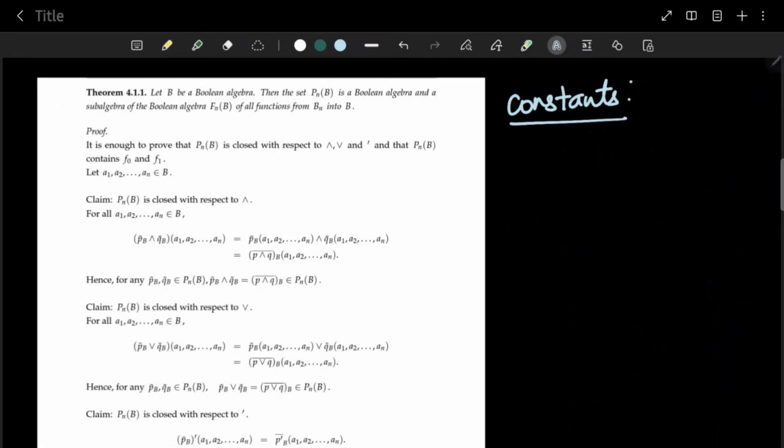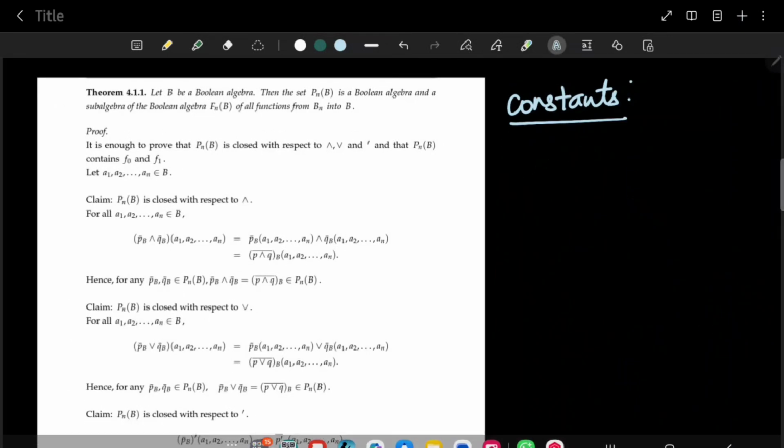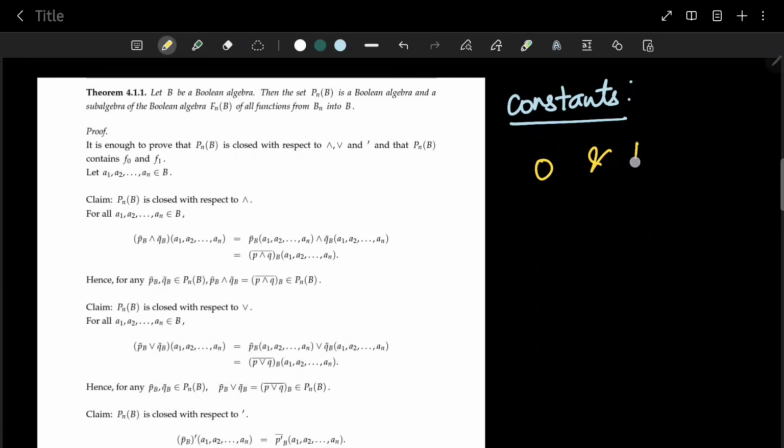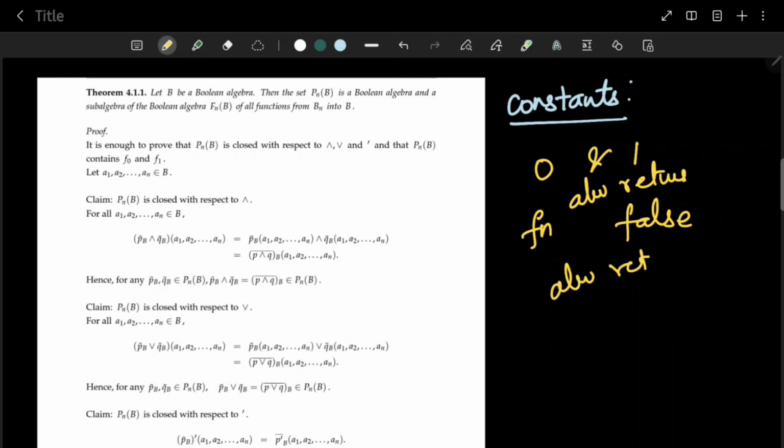Now for the constant part, we also need 0 and 1. That is, a function that always returns false, and another that always returns true, to be in P_n(B). These are the simple constant functions and clearly a part of P_n(B).